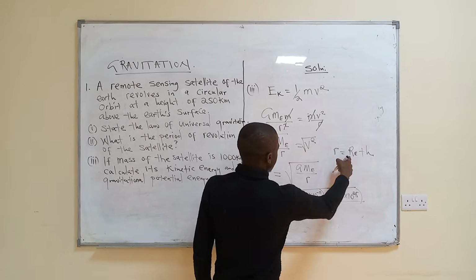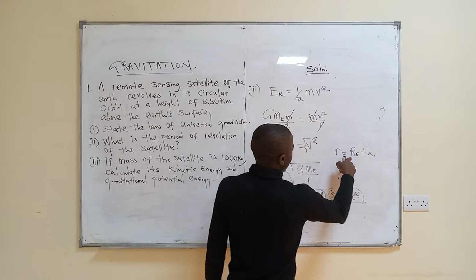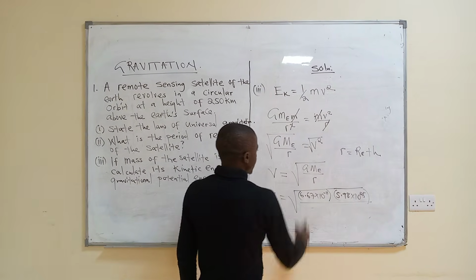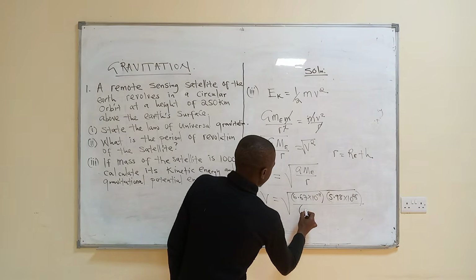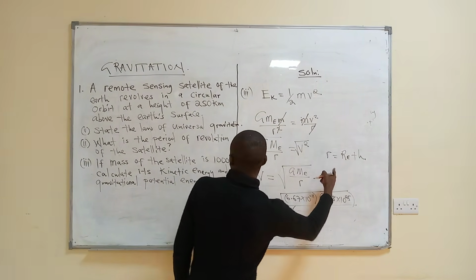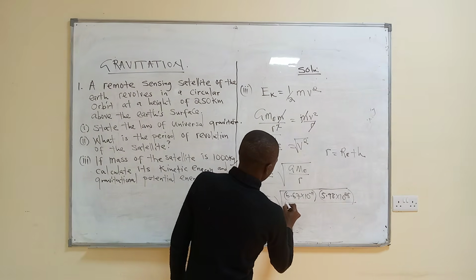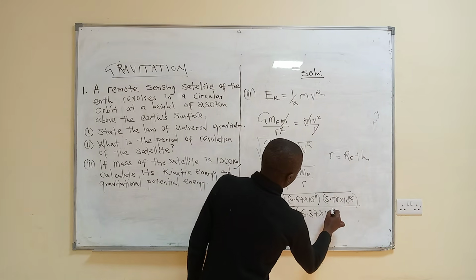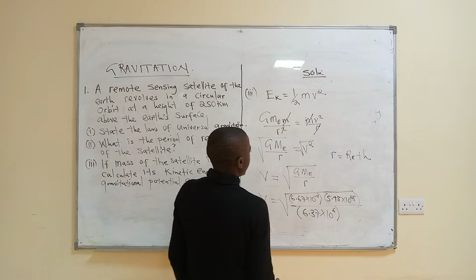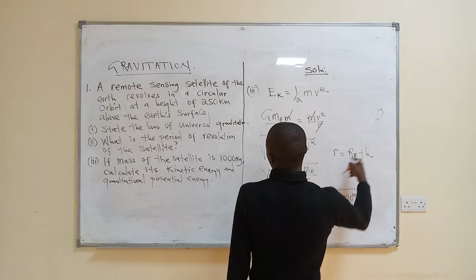So I'm going to replace r with r e plus h. What is the radius of the earth? That is 6.37 times 10 to the power 6. And then the height, the one that we calculated.